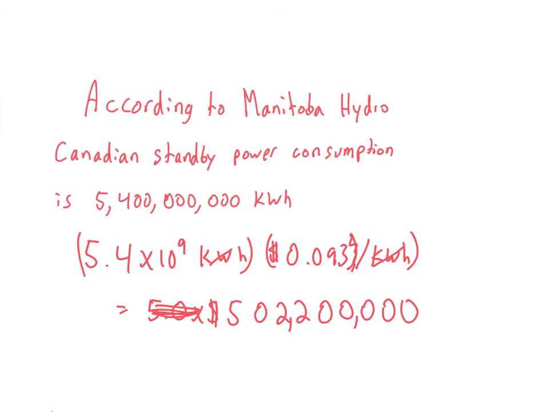So again, we talk about all these standby power devices, which makes you think you should probably be thinking in your houses about how you can reduce that. Okay, so that's how you pay for electricity. You'll have to be able to explain that in your portfolio. Thank you very much.